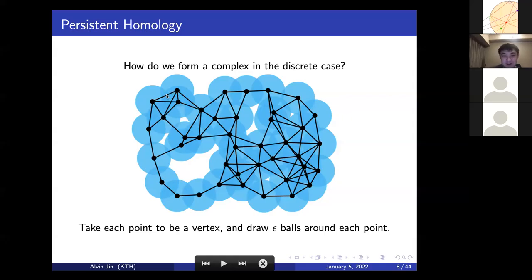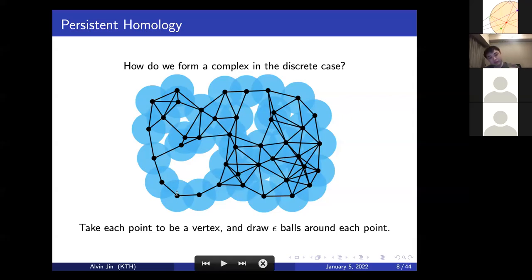I'm going to draw an edge between two vertices whenever two of these balls intersect. And then I'm going to draw a triangle, or 2-simplex, if three of the balls intersect, and a tetrahedron when four of these balls intersect.